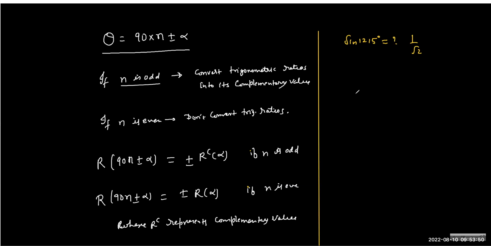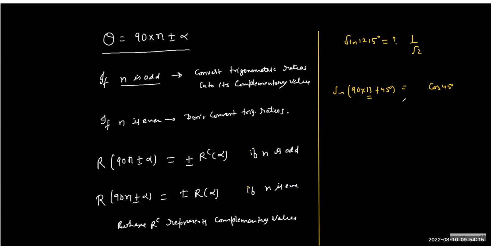Okay, so if you use the 90 relation and divide by 90, what will you get? This is equal to 90 times 13 plus 45. Therefore, for sine, this number 13 is odd, so I can make it complementary. So I can write cos of the angle after this number, alpha, which is 45.